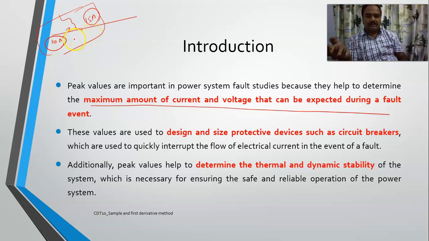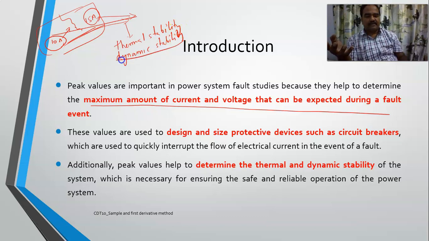Apart from this, based upon the maximum current which is passing through, I will come to know about the thermal stability of my power system. Sometimes these temperature changes also affect the resistances, and that again affects the currents.